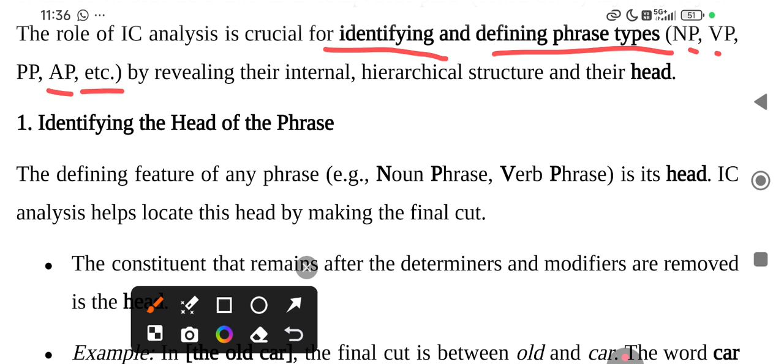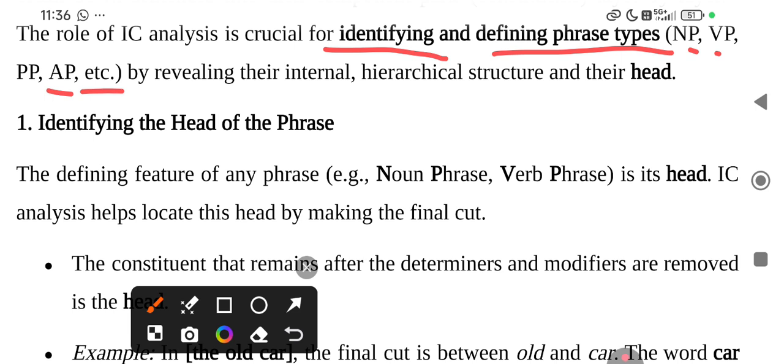Why are these phrases attached to one another, what is the relation between two phrases, and how is a head word found out?